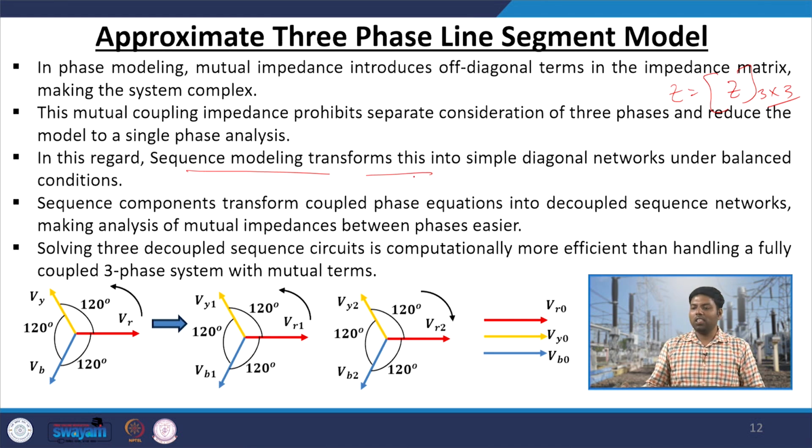We are familiar with these things in the case of a fault, because a fault makes a balanced system unbalanced. To catch that unbalancing effect in a balanced form, we take the sequence components out of it. The same thing we do for an unbalanced distribution network. So, sequence components are mostly used to represent any unbalancing effect.